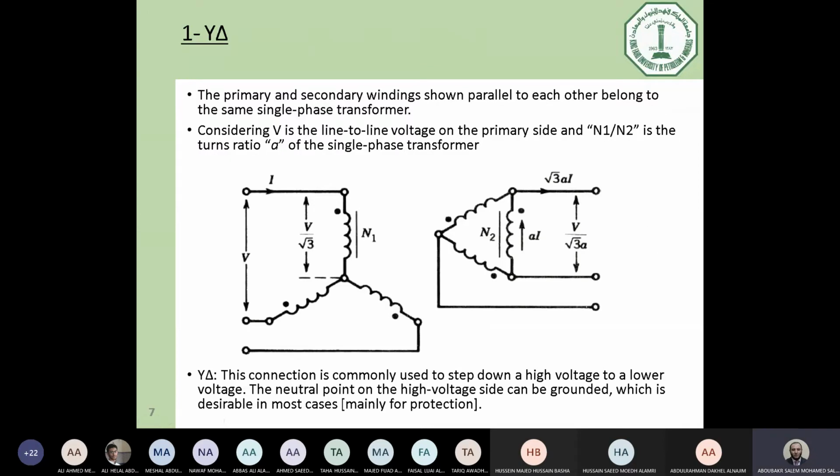Let's see here the first connection, which is Y-delta. As you can see, this is how we can connect the three single-phase transformers to construct Y-delta. Simply, as you can see here, these are the three coils of primary.